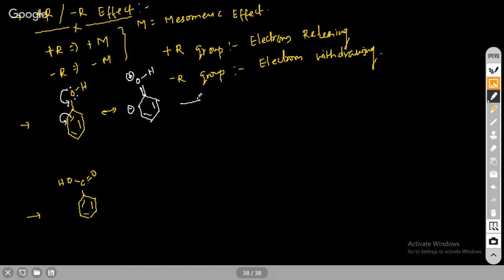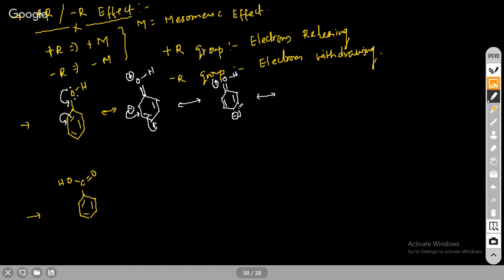Another resonating structure we can draw when this negative charge comes over here and this pi electron goes here, because this is a conjugated system. So we'll get this: double bond, OH, positive charge on oxygen, double bond here, double bond here, and here we have the negative charge.